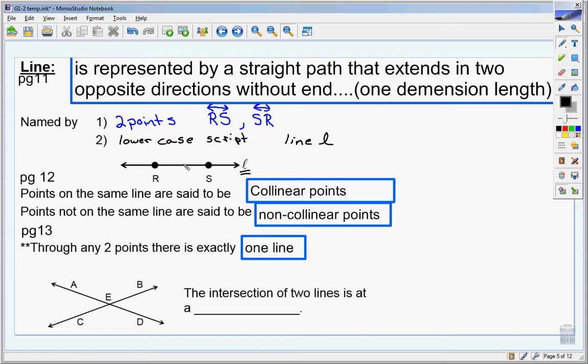And the minute I add another point to this line, there's a lot of different ways. And if I put another point on here, there's a lot more ways that I could name the same exact line. So just because your answer and my answer don't look the same, doesn't mean your answer is wrong.